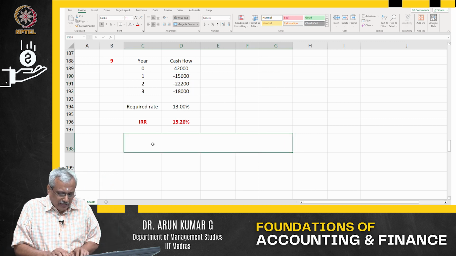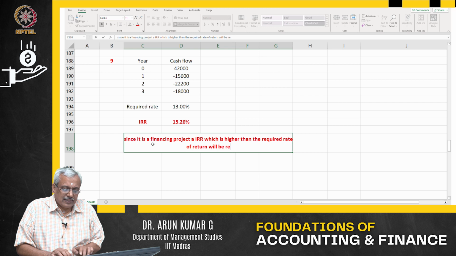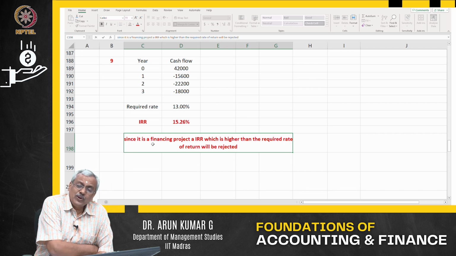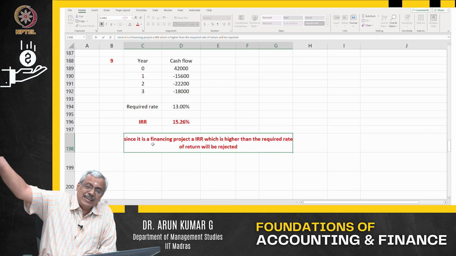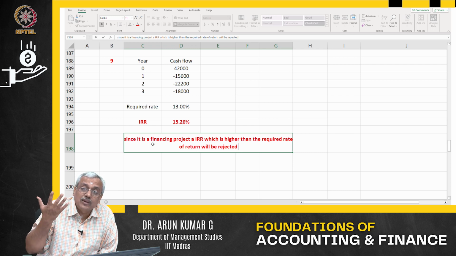Since it's a financing project, an IRR which is higher than the required rate of return will be rejected because it is not viable. Your required rate of return should be higher than 15.26. Only then is the project viable for you, because you can borrow and sustain it.